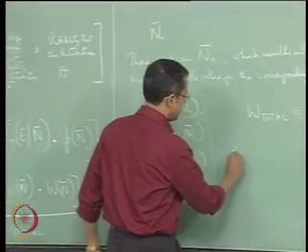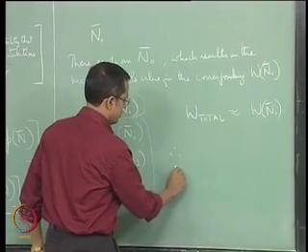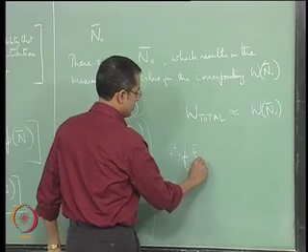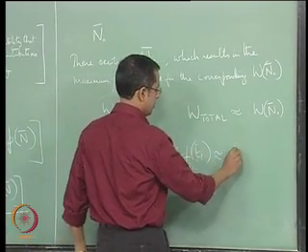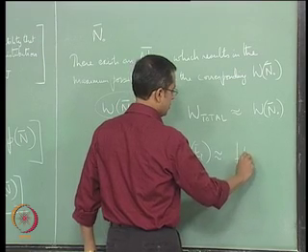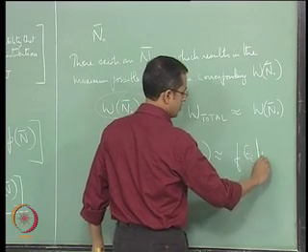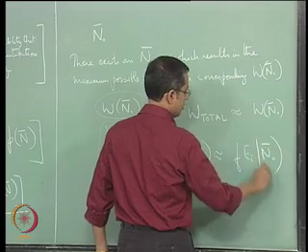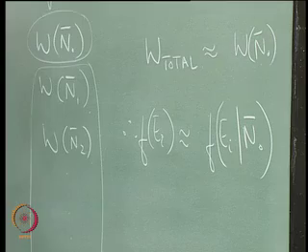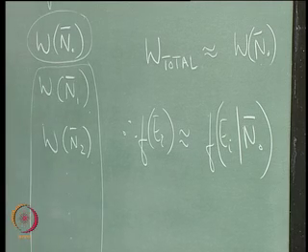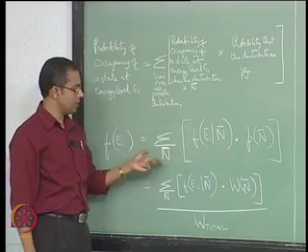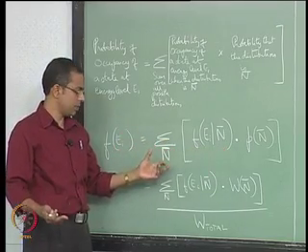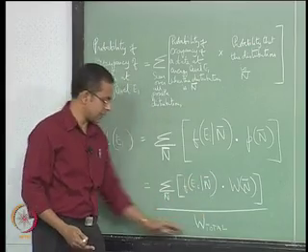Therefore, okay. So we find that while we originally had, if you go back to our original equation, several terms in this equation, because we do not know how many distributions we have, a huge number of distributions are possible, and therefore this had several terms here.